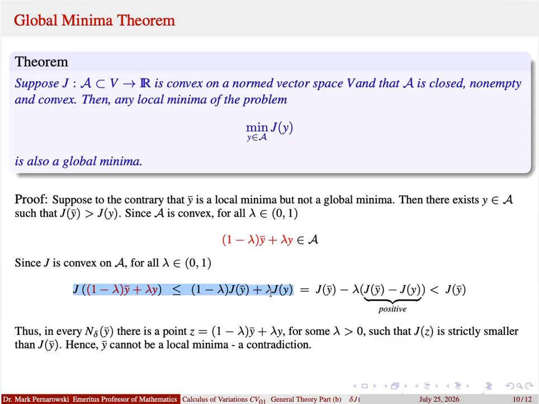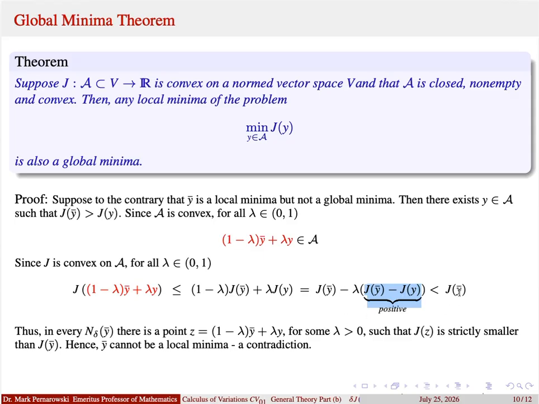And then what I do is I just simply rearrange terms. I put things that multiply by lambdas and things that don't multiply by lambdas. So I got a J of y minus some lambda between 0 and 1 times this quantity. Well, if y bar is a minima, then this whole term here has got to be positive, and this sum has got to be less than J of y bar.